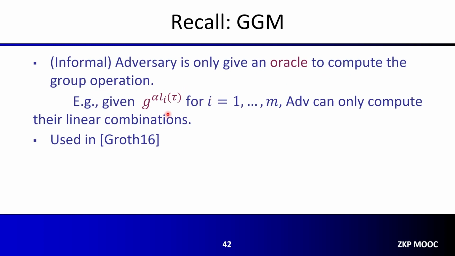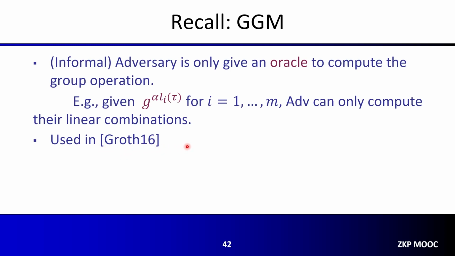So that is why, given g to the power of Li tau, sorry, there's a typo, it should be g to the Li tau without alpha, the adversary can only compute their linear combinations, meaning that the adversary cannot just generate a random number that happens to be a group element on the curve. So because of that, in the GGM model, informally speaking, the adversary has to use these global parameters, the proving key, to generate the proof. And this solution is used in Groth16.